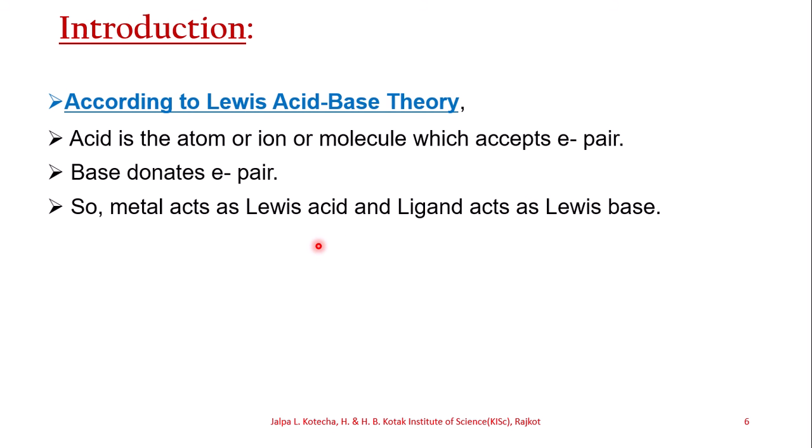Metal accepts the electron pair. So metal acts as an acid, whereas the base is defined as the molecule or atom which donates the electron pair according to Lewis acid base theory. So the ligand is termed as a Lewis base.